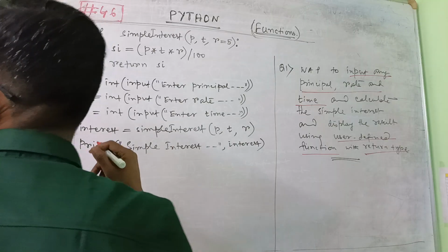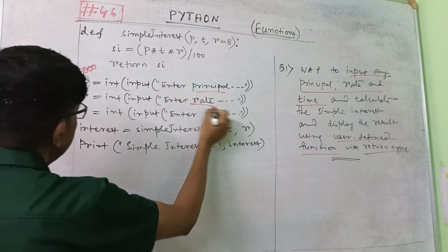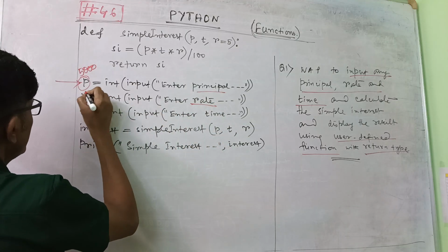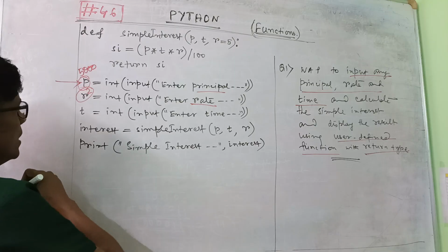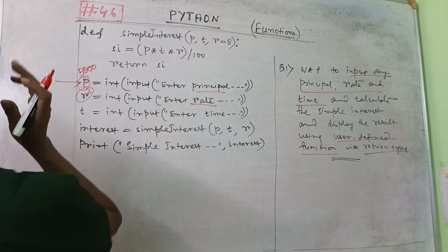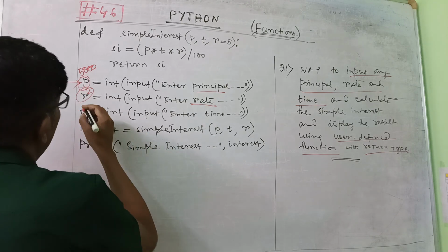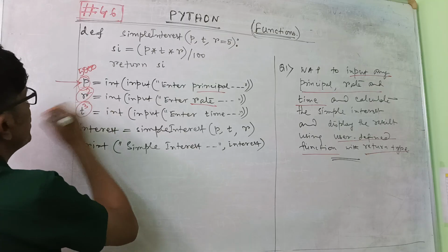Initially I am taking the rate, suppose 2%. The rate we are taking 2. And time also, that is some different values we can take, but now for the time being we are taking 3.